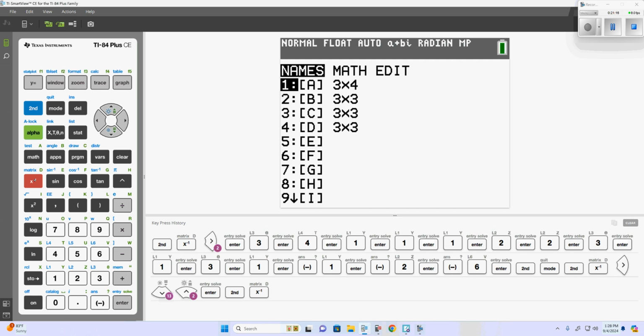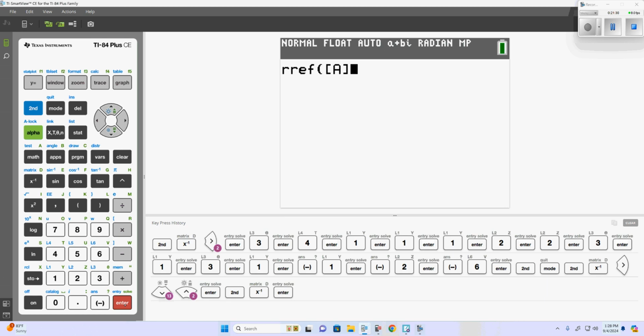This first list lets us recall the matrices and use them. Well, we put it into which one? Matrix A. It's already selected, so go on and hit enter. So we should have RREF parentheses and then our matrix A. Hit enter.